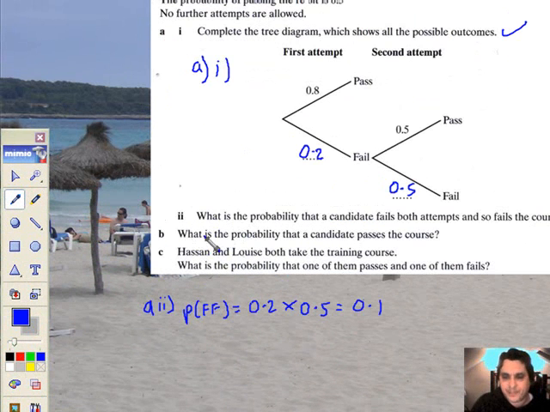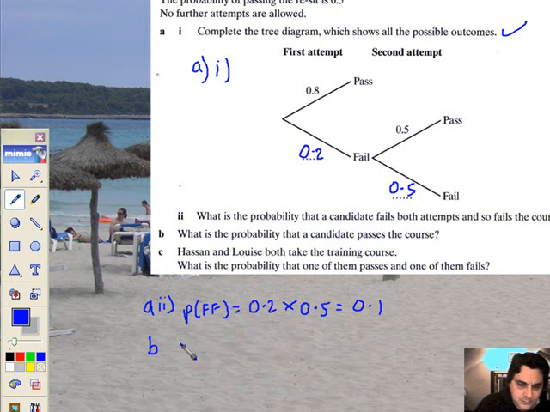Alright, now B. What's the probability that a candidate passes the course? Right, here we go. So, the probability of a pass, we can pass in two ways. We can either pass outright, or we can pass after having failed first.